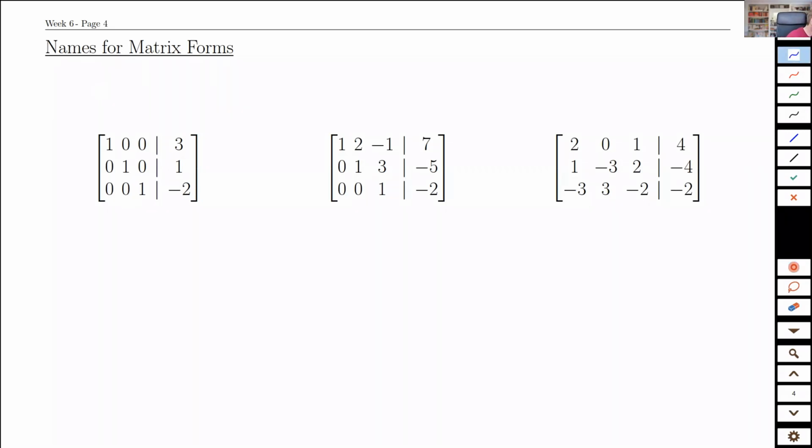So this form here is called RREF, or row reduced echelon form. And we'll talk about the details of that on the next page. This one here is often called just row echelon form.